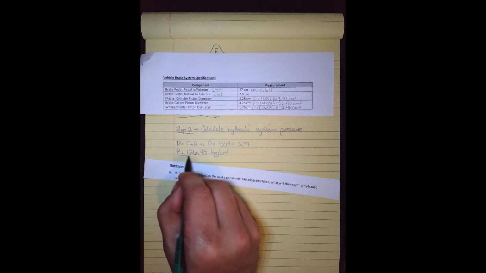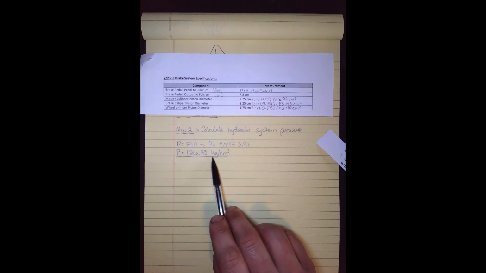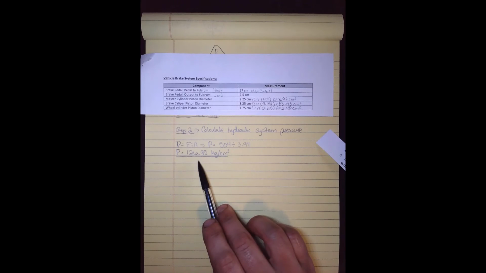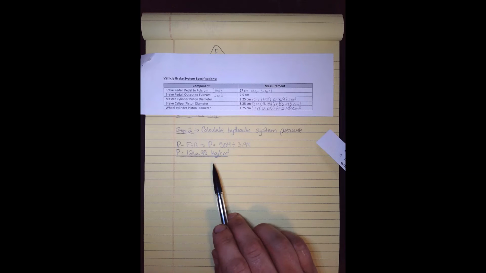That's our system pressure. The pressure here is exactly the same as the pressure in imperial. In imperial, we had pounds per square inch, right? So X number of pounds working on every square inch of the system. In this case, we're kilograms per centimeter square. So with this system, we've got 126.95 kilograms acting on every square centimeter rather than every square inch. But the principle is the same.